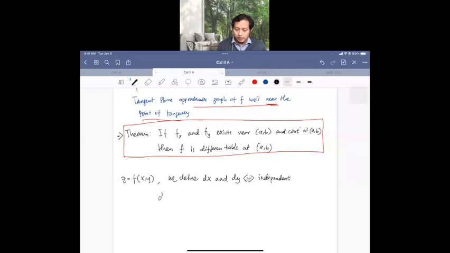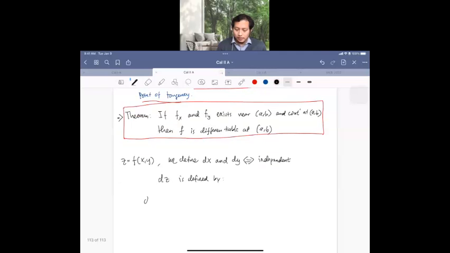Now the dz, also called the total differential, is defined by dz. Oh sorry, I forgot to write dx.